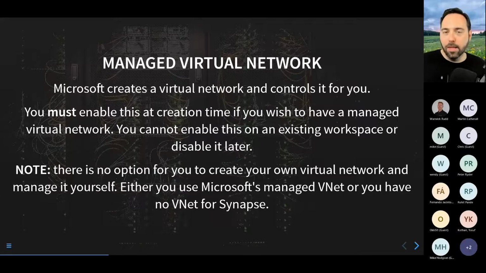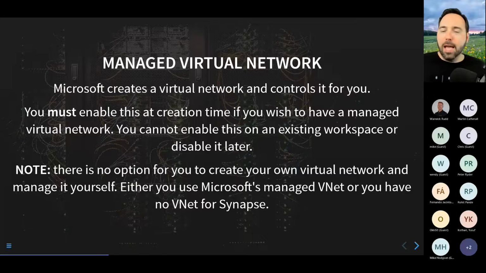And also, there is no option to create a virtual network of your own. Either your resources are essentially going to be available on the public internet, or you're running on a managed virtual network managed by Microsoft. You're not going to be able to say, put this Synapse resource on my own virtual network that I have created and that I am controlling.